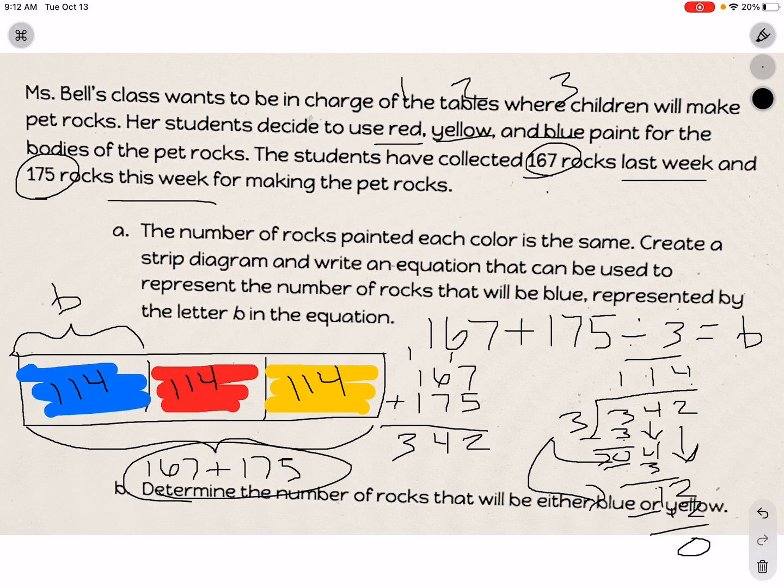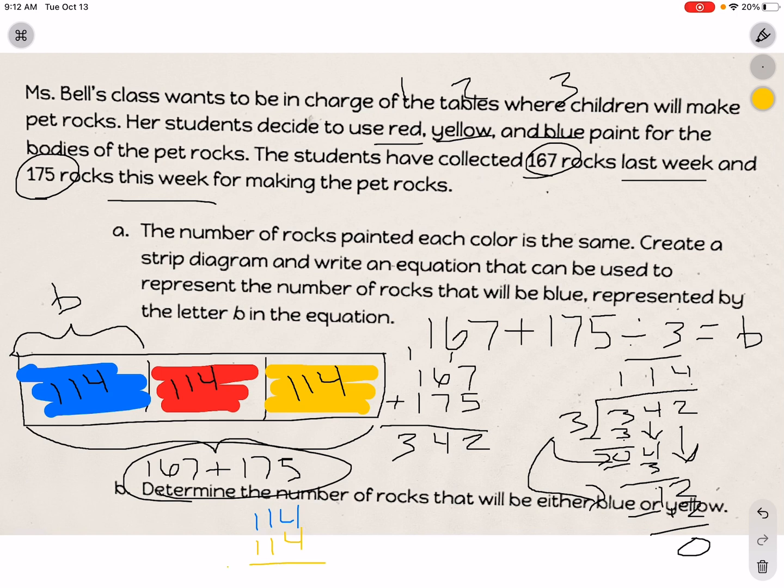Now the question asks us, determine the number of rocks that will be either blue or yellow. Well, this is pretty straightforward at this point. We know that we have 114 blue rocks, and we know that we have 114 yellow rocks.